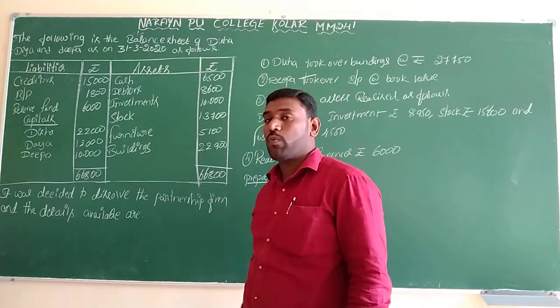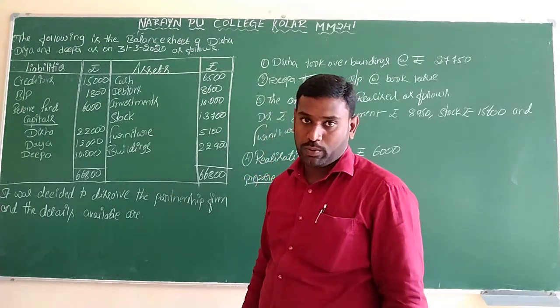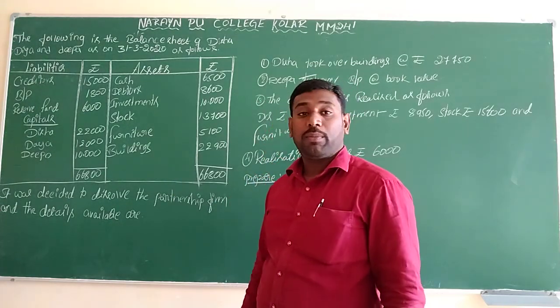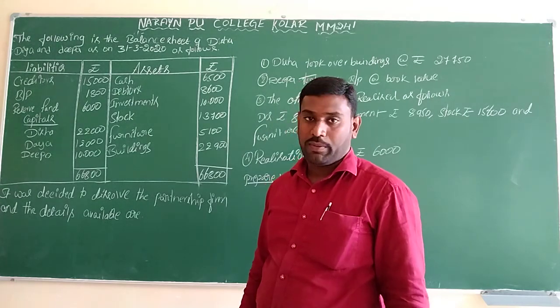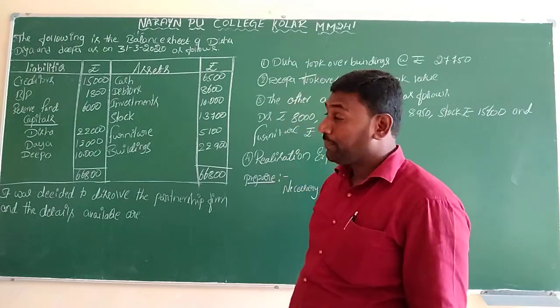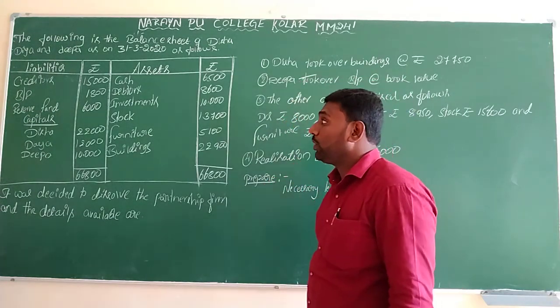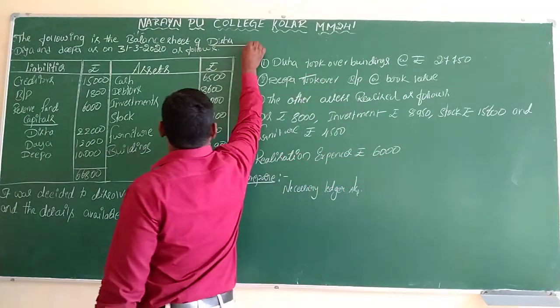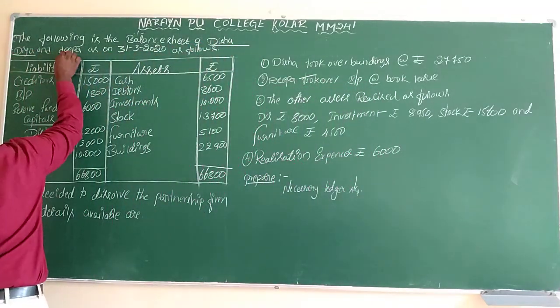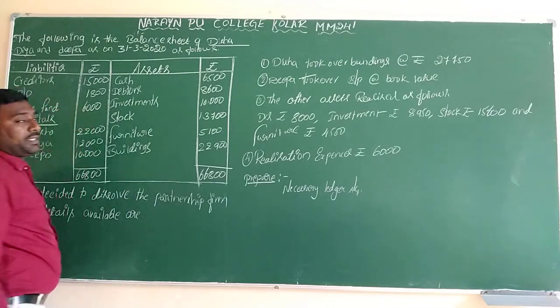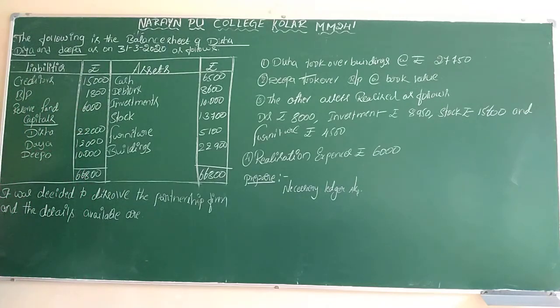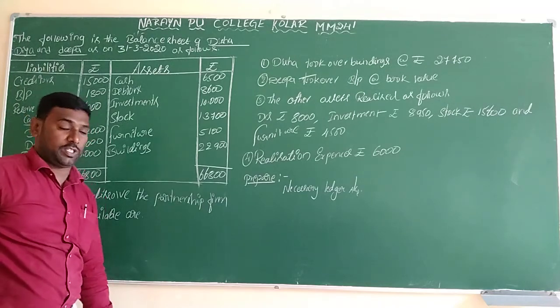If 2 partners, 1:1, 1/2 and 1/2. If 4 partners, 1/4, 1/4, 1/4, 1/4. In this question they have given only the details about the 3 partners, so 1:1:1, 1/3, 1/3, 1/3. This is the profit sharing ratio.